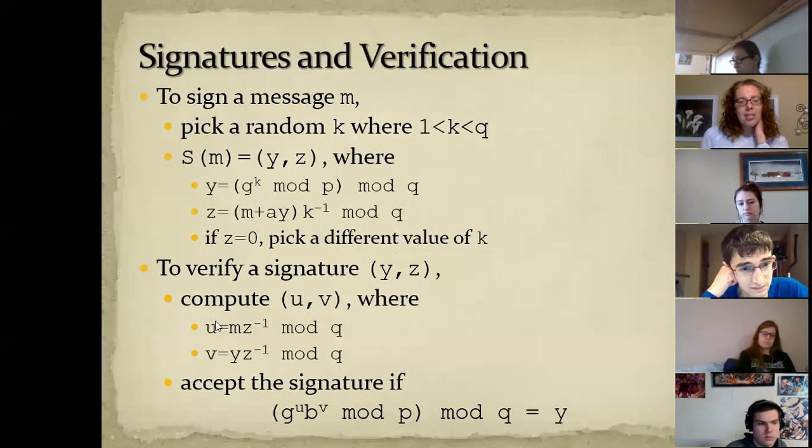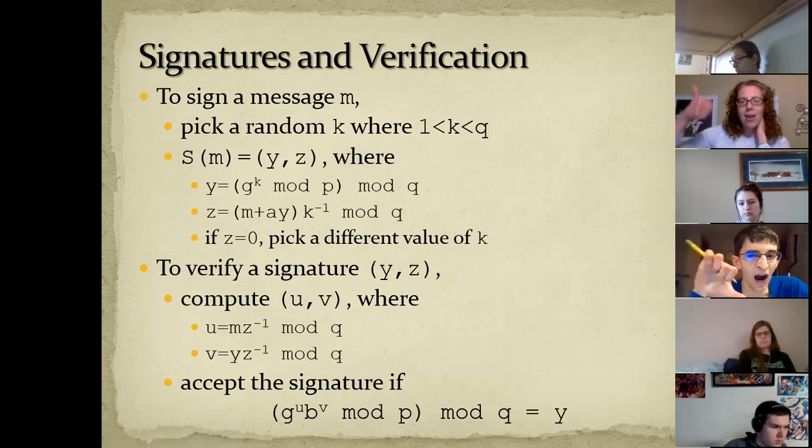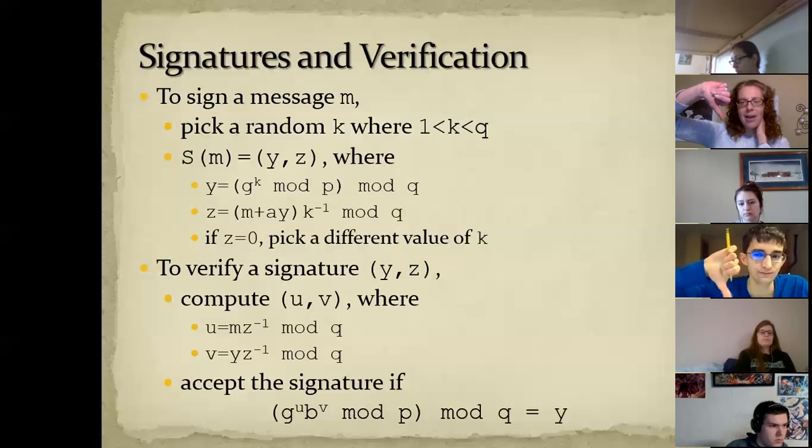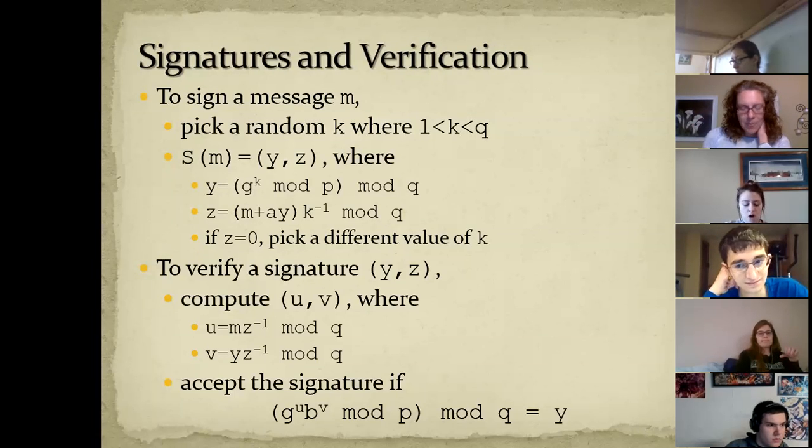Verification. This is just addition, multiplication and inverses. This isn't so bad, but down here I've got two exponents. Exponents, fast or slow? Exponents are slow. And this is not something that you can pre-compute because you have to wait for the message and the signature to come through.